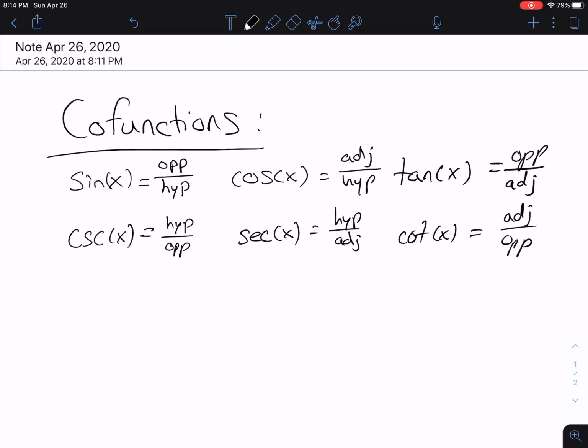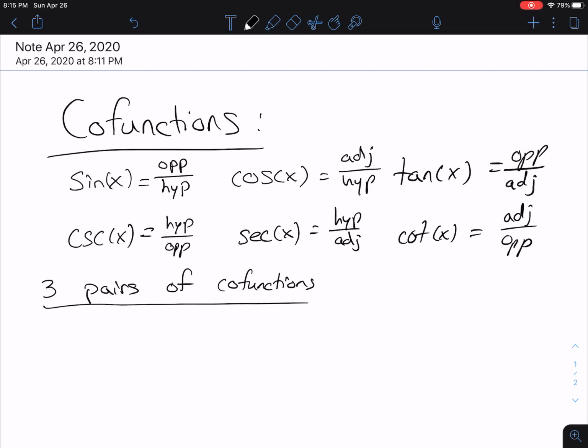Now, we generally only work with the first 3 because if you have hypotenuse and opposite, why not just use it as sine, right? But cofunctions bring about this idea of being able to find an equivalent value, being able to solve for x, and it's a cool little idea that happens in trigonometry. With cofunctions, we have 3 pairs.